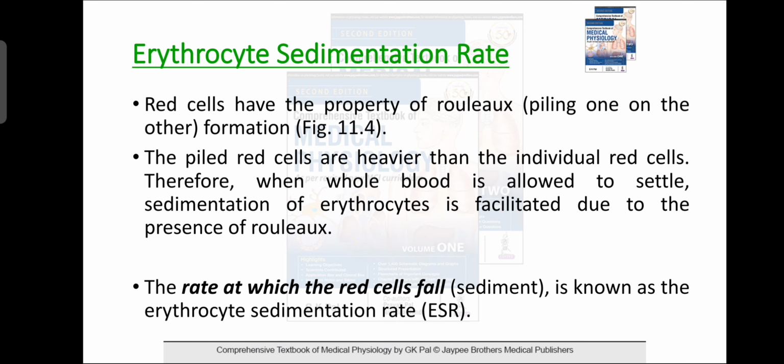When blood is placed in a test tube containing an anticoagulant, at the end of 1 hour the RBC settle down, leaving the supernatant plasma above. The rate at which the RBC settle down or sediment is known as the erythrocyte sedimentation rate.